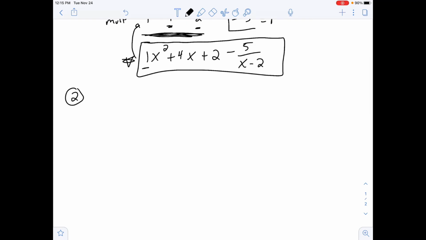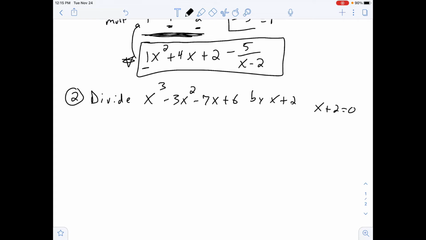So let's say we want to divide x to the third minus 3x squared minus 7x plus 6 by x plus 2. So this time, we're going to take x plus 2, set it equal to 0, and that's going to give us negative 2.